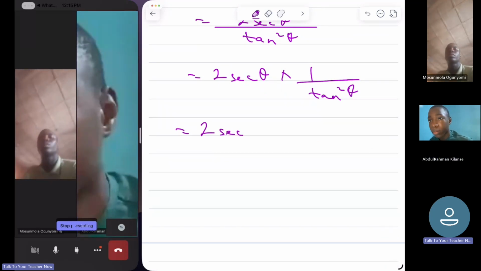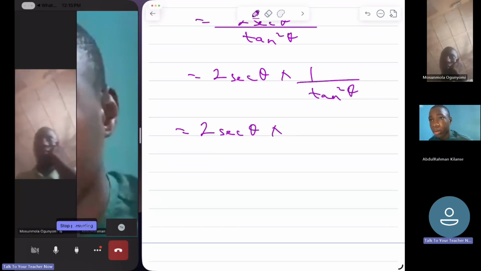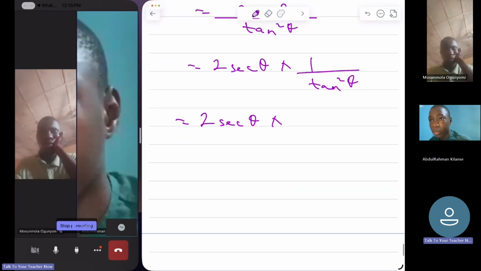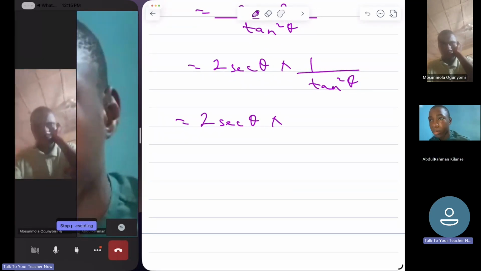And that will be what? 2 sec theta. Tan square theta is sin square theta over cos square theta, because you know that tan theta is sin theta over cos theta.